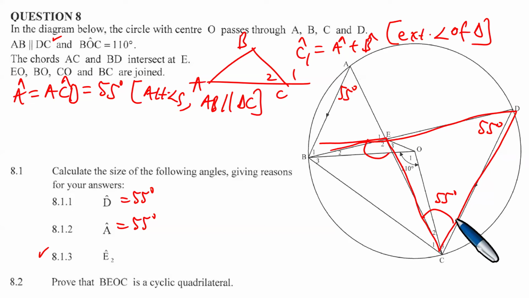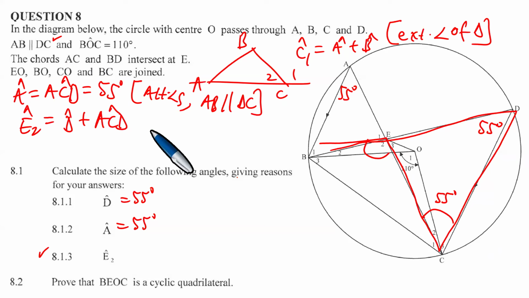This has produced this angle of 55 degrees there. Obviously we know that AC is a chord, which means this is a straight line. Now the angle E2 is equal to the angle D plus the angle ACD. How do we say that?